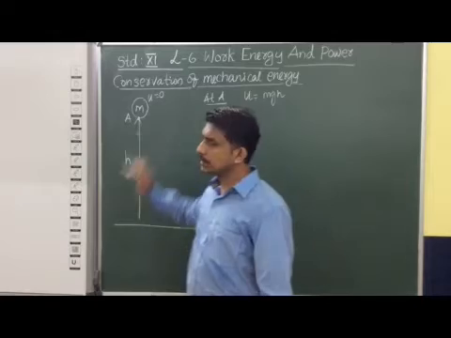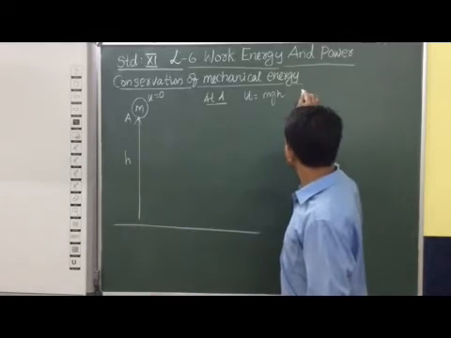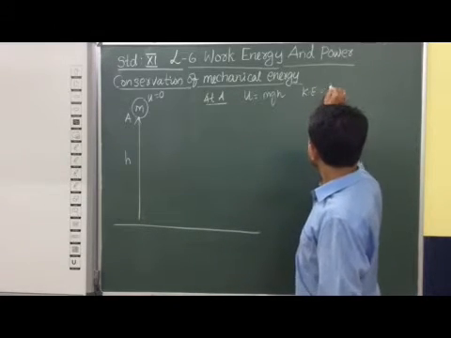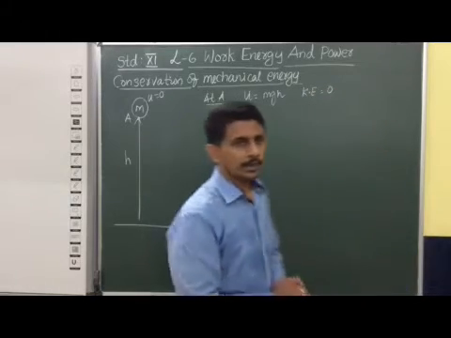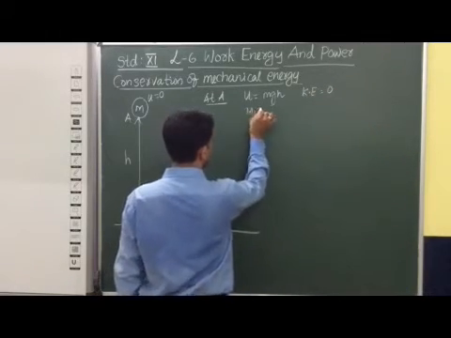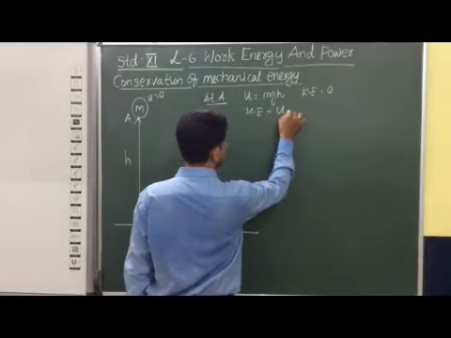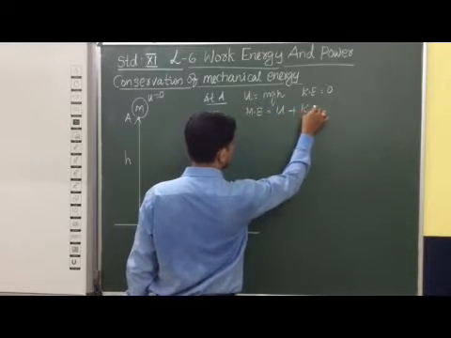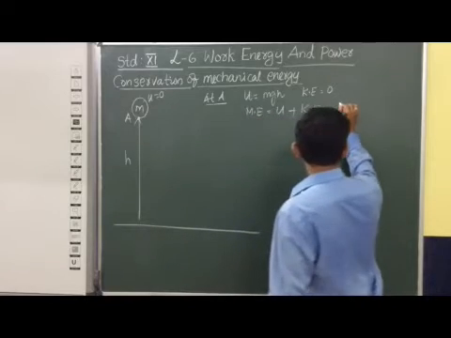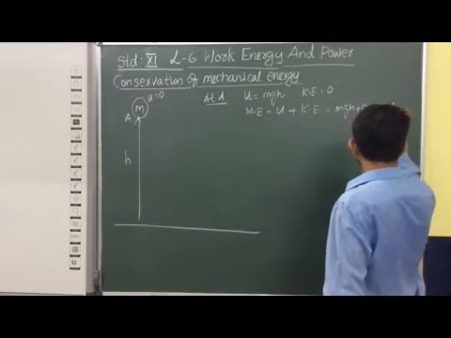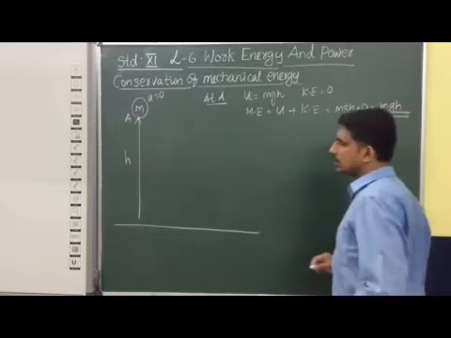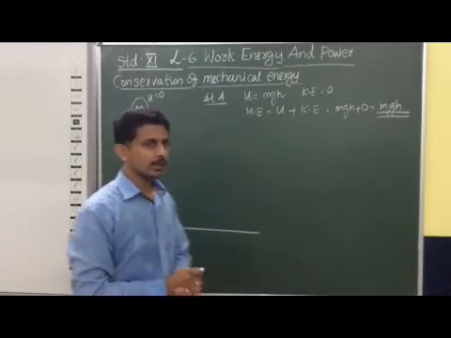And this object is initially at rest, so the kinetic energy is 0. The mechanical energy is the sum of potential energy and kinetic energy, that means mgh plus 0. So we get the mechanical energy as mgh at point A.